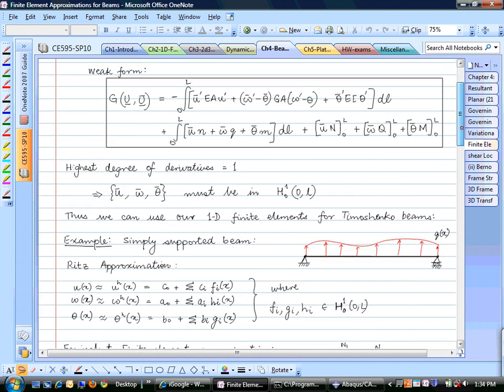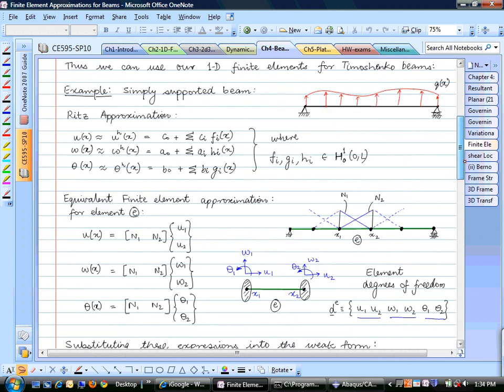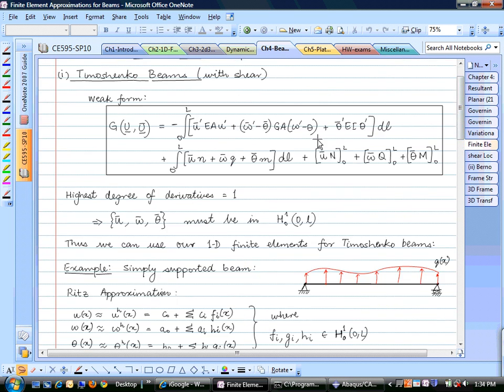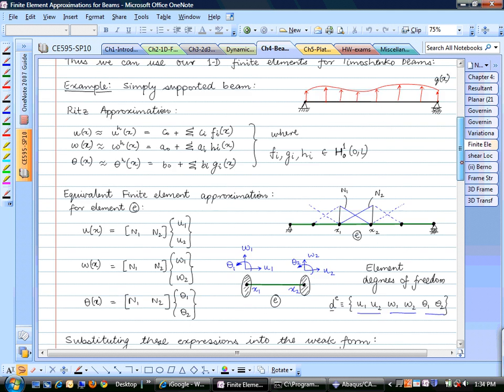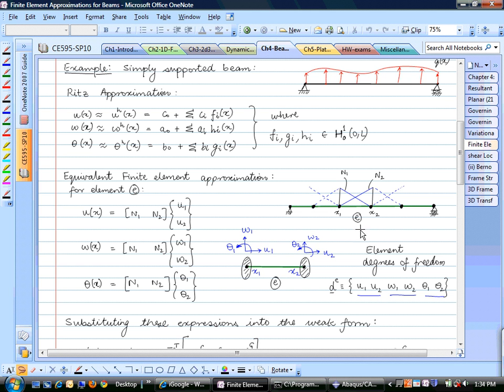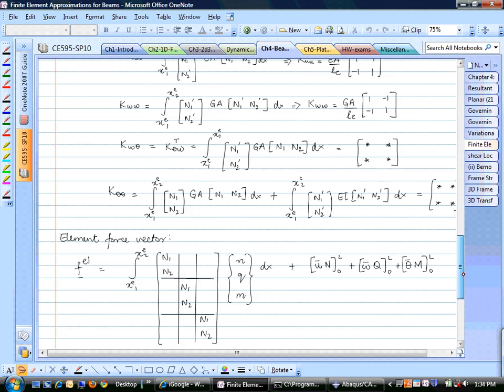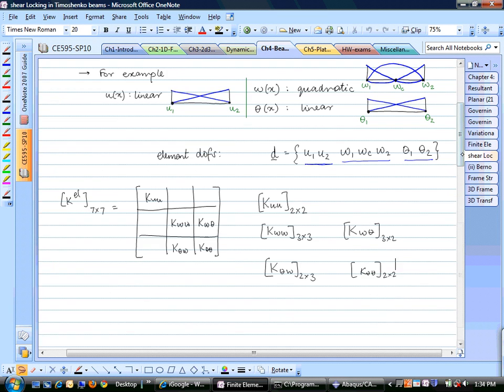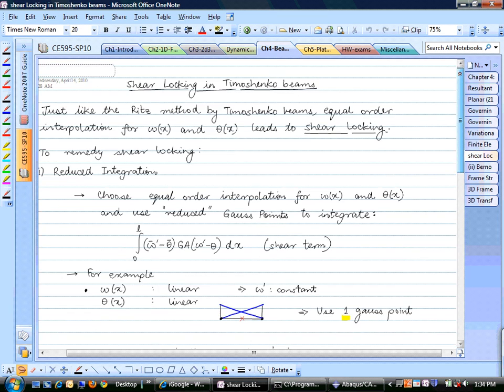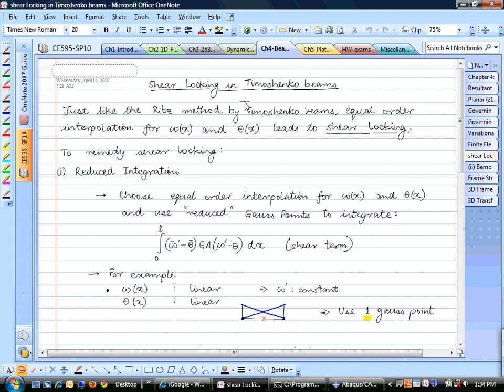And for the Timoshenko beam, we saw that all the derivatives in this weak form were of first order. So for the Timoshenko beam, all the finite elements that we had developed for the one-dimensional problem are all valid. But then we also saw that if you take equal order approximations, then we have something called shear locking for Timoshenko beams only.